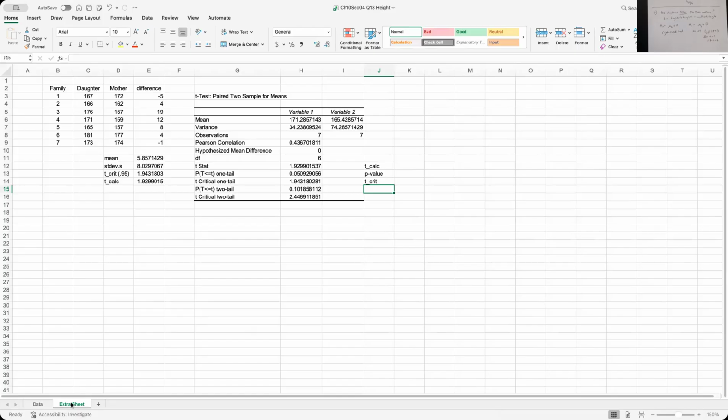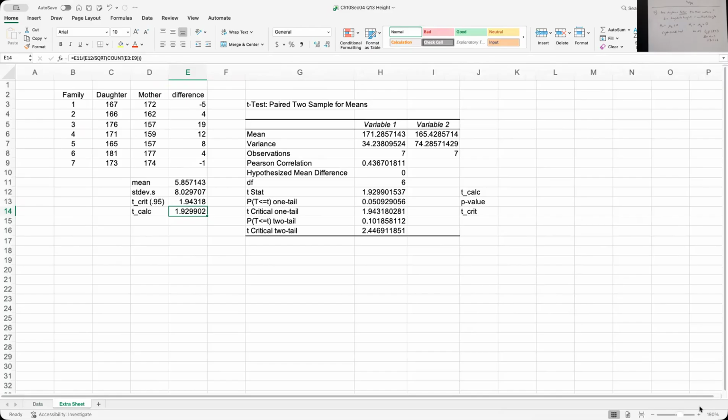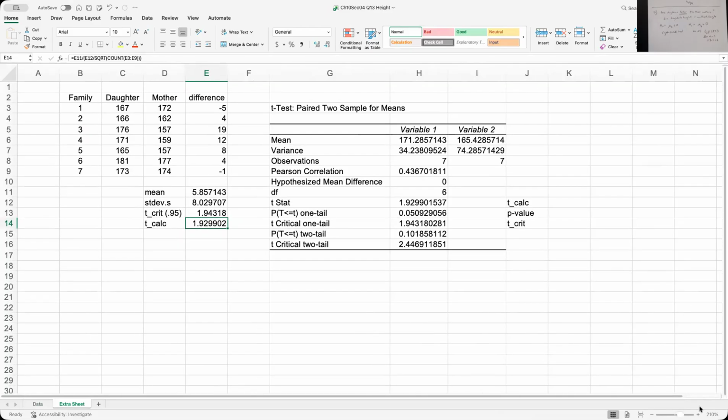And I get that calculated t-value using exactly the formula we expect, the one we had in our notes from Friday: the actual mean minus the expected mean divided by the standard deviation over the square root of the number of samples. Same one we used in chapter 9.